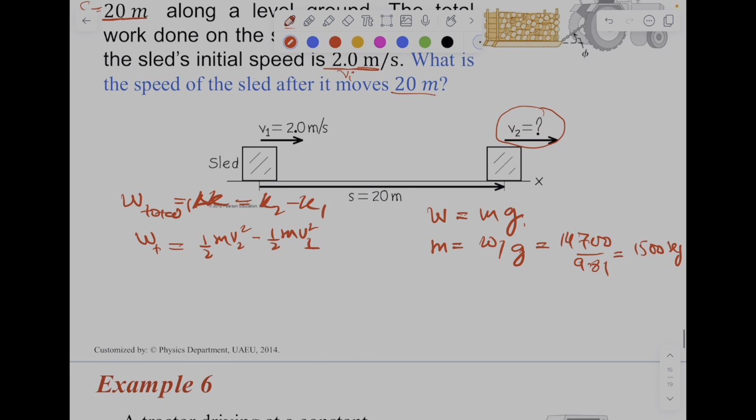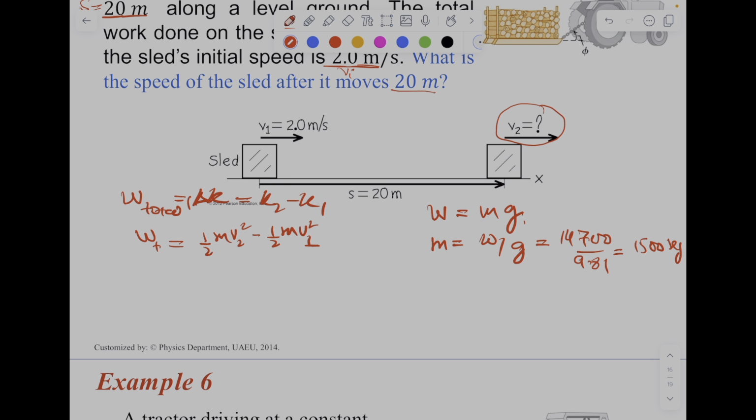So the work done is W equals 1/2 mv2 squared minus 1/2 mv1 squared. We need to calculate V2.